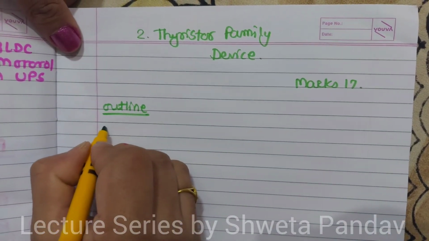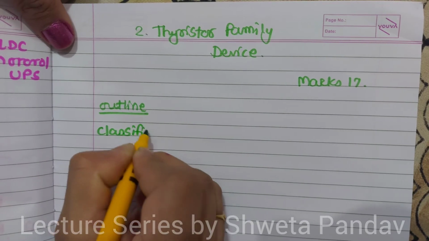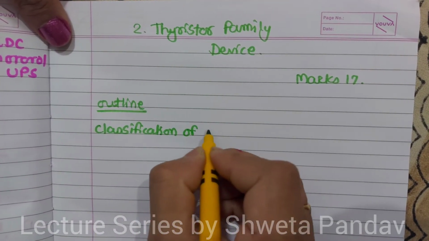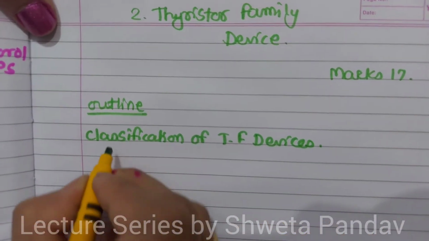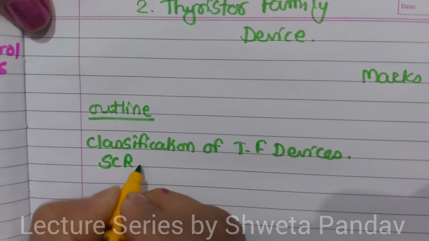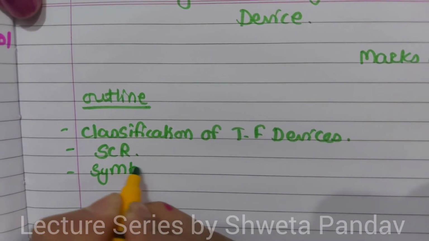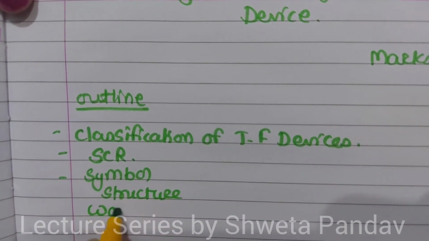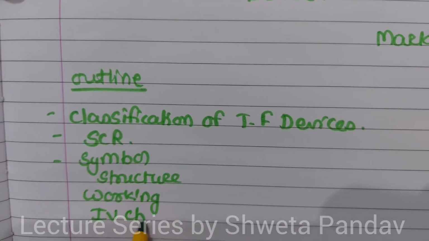First we'll see the classification of thyristor family devices. Then what is meant by silicon controlled rectifier, its symbol, its structure, working and IV characteristic.